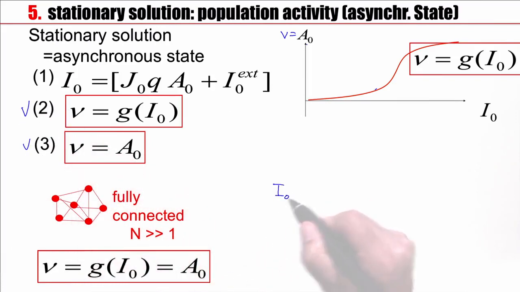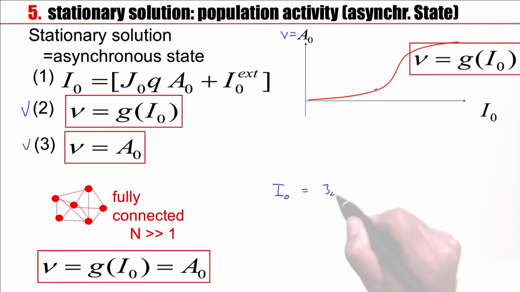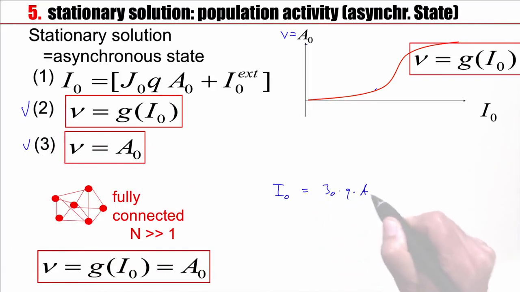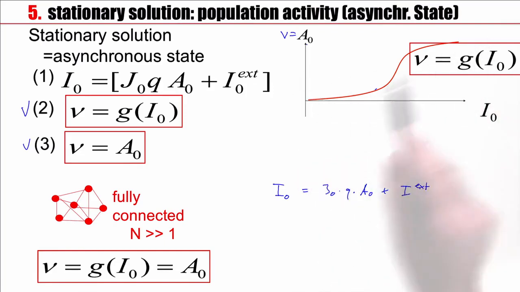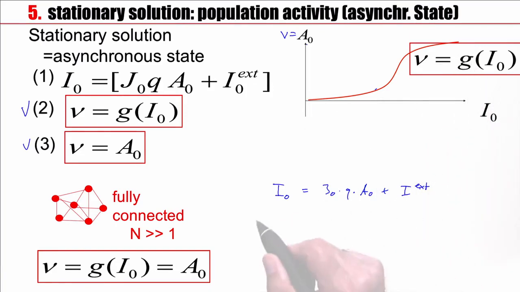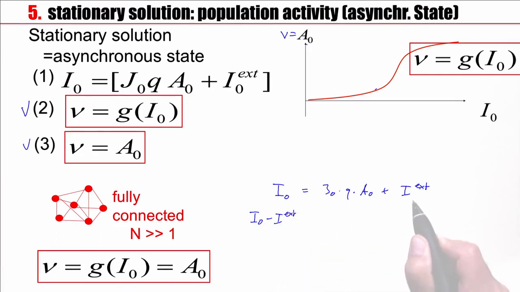I have I0 equals J0 Q A0 plus I external, just copy it. I would like to plot it in the same plot. So I would like to pull out the A0. So I write I0 minus I external. I move this to the other side.